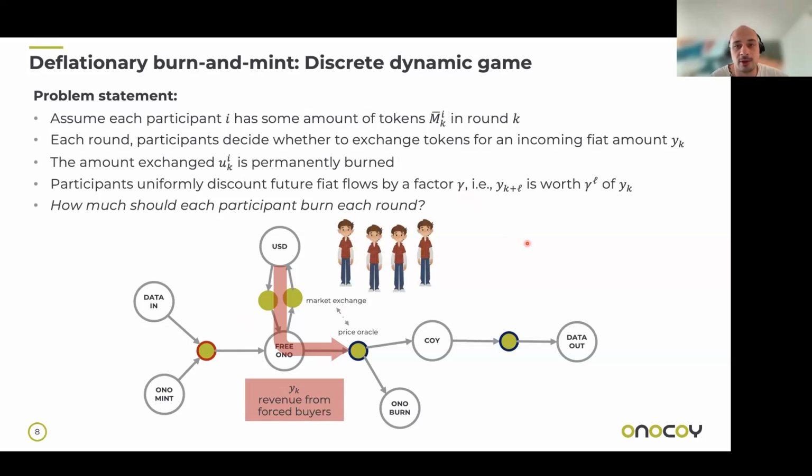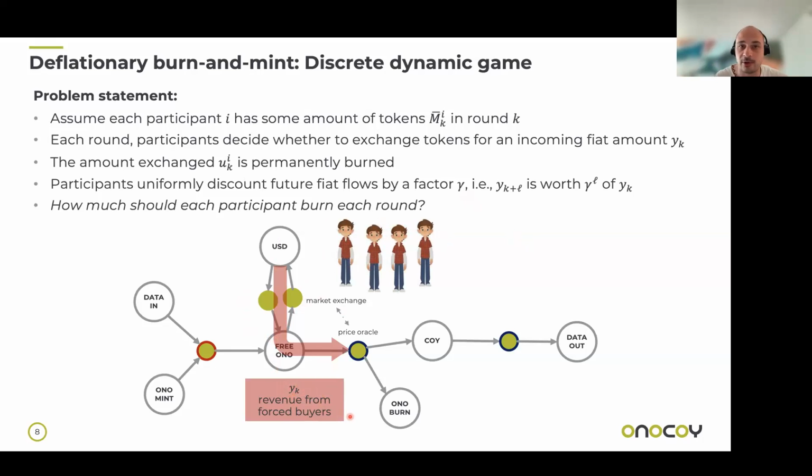But it becomes a lot more interesting once you add more participants. And then these participants have to decide how much of their stash they should put in, because in proportion to how much they put in, they take out some of this revenue each round. So you want to expend some gunpowder in round K, and then you want to save some of it for the remaining rounds.